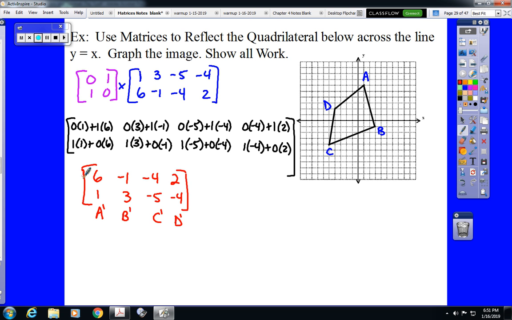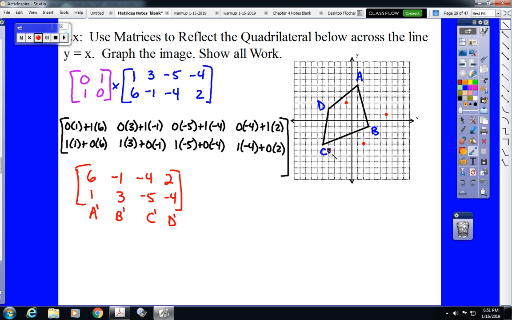So we go over here and we graph those 4 points. 6, 1, -1, 3, -4, -5, and 2, -4. And we play connect the dots. I'm going to move that B because it's going to be in the way. So we connect those points.